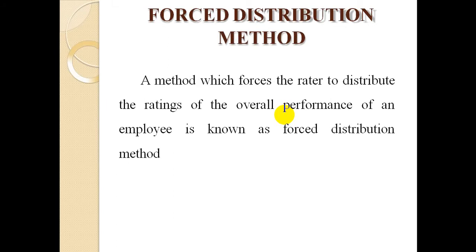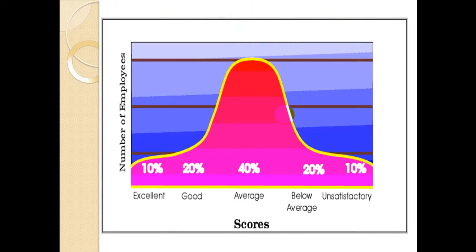The best performers are placed in the top 10%, and they are outstanding performers, and the next performers are placed in 20%, and next 40%, and next 20%, and the last one is 10%. They are the poor performers. So here the rater distributes the employees based on their performance levels.